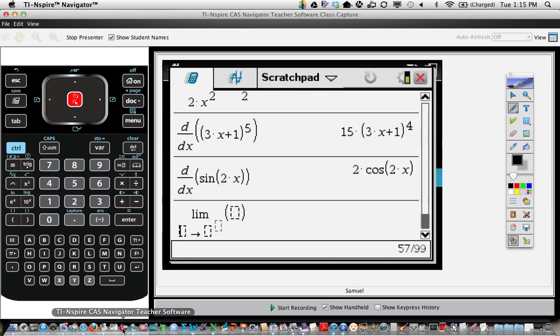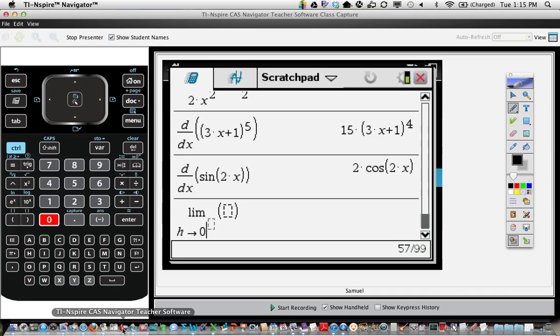All right. And so see, we got this limit thing. Now I'm going to show you this, but we hardly ever use it, because again, it's just punching buttons, and to me, that's not going to be a deal. So now delta x, we don't have a delta x key, so let's use h. So put an h in there, and then 0, and then forget that box. We don't need anything in that right now.